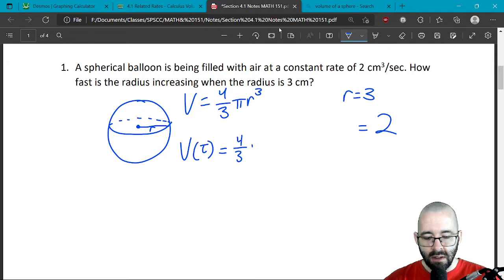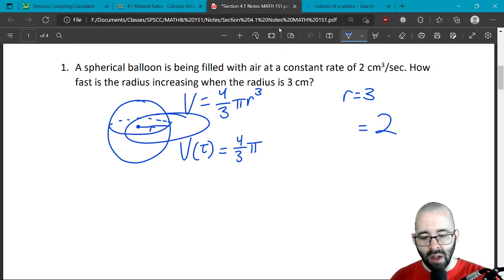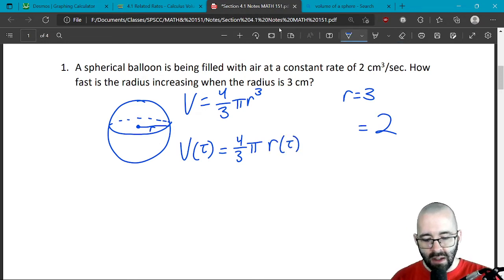4/3 times pi. Well, the radius is also changing over time. This balloon is getting bigger, and this radius right here is growing over time as well. So not only is the volume a function of time, the radius is actually a function of time as well.